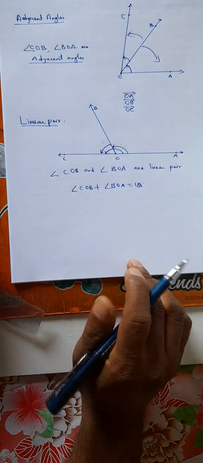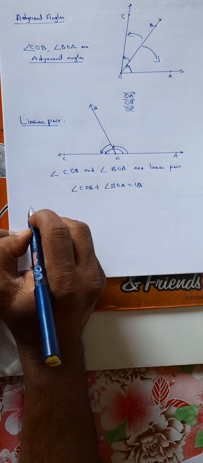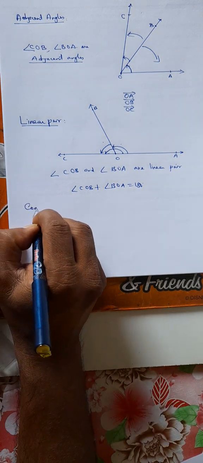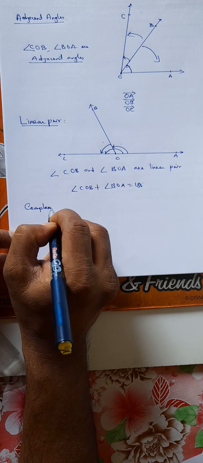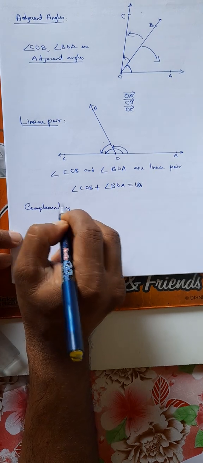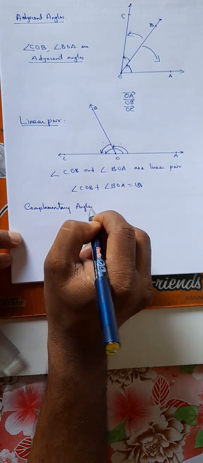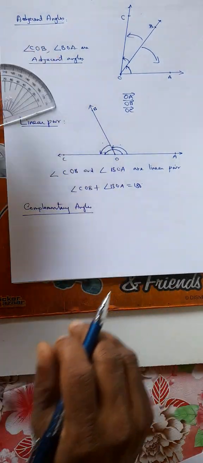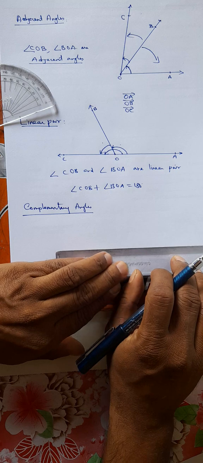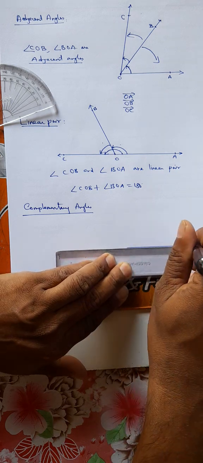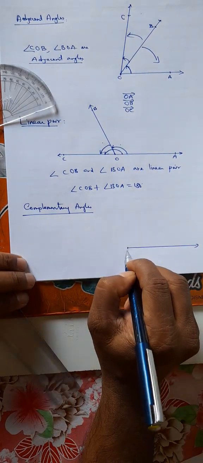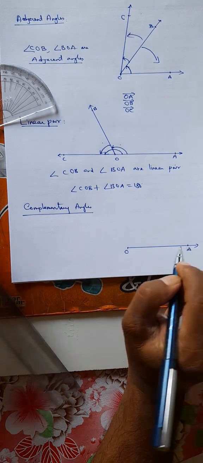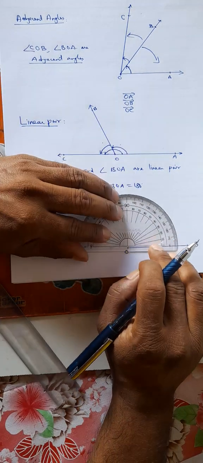Next we talk about complementary angles. Now let us make one angle, say this is OA. Now let us make a 90-degree angle here.